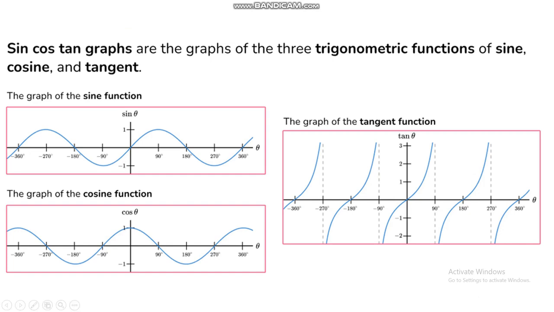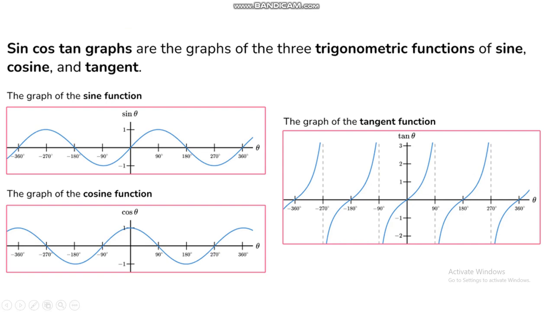This is the wave given for sin theta. Sin starts from 0, then reaches 1 at 90 degrees, then goes back to 0 at 180 degrees, and at 270 degrees it is minus 1, and again at 360 degrees it is 0.